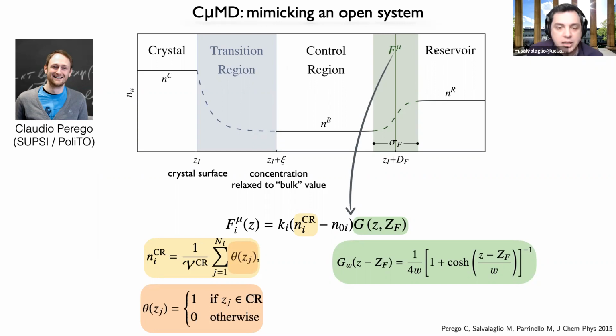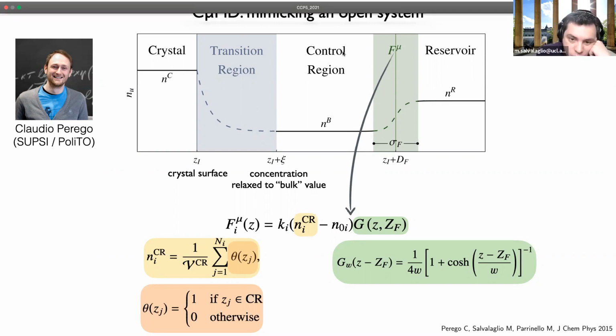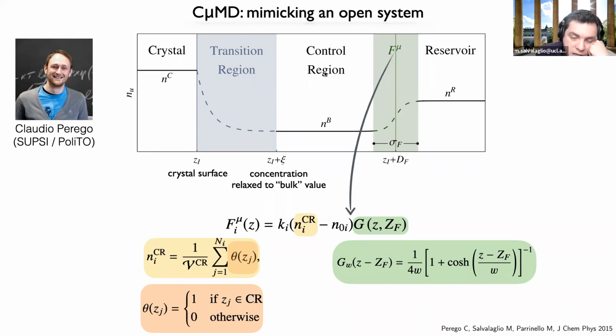So by putting together a system that works in this way, whenever we have an interface that is depleting the reservoir of molecules in contact with it, we also have a system that is able to replenish this control region and is able to mimic the evolution of the crystal interface against a constant concentration background.